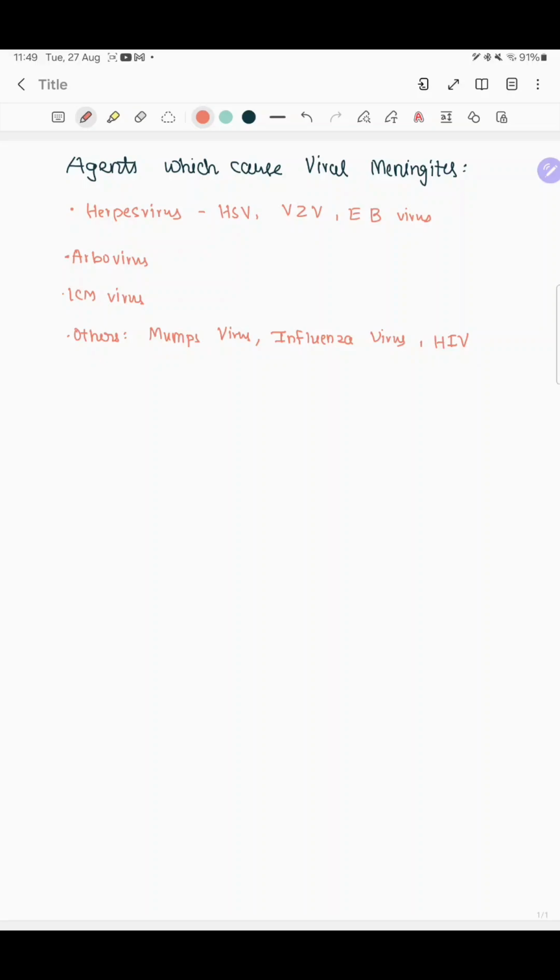Now, which people are at higher risk? Children below the age of 5 years, or immunocompromised people, like people who have HIV or are going through any chemotherapy.